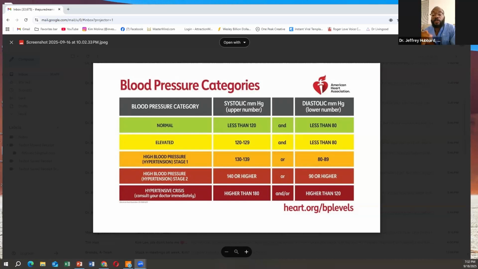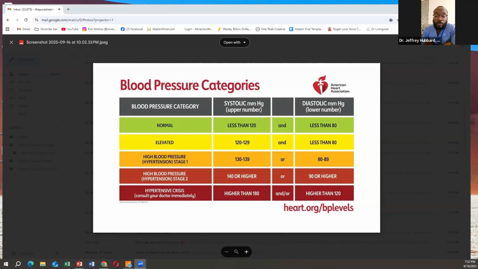But obviously, once you start getting into 130 systolic, 140 systolic, or 90 to 100 diastolic, you're starting to get into an area where there's concern because you can start damaging the blood vessels.